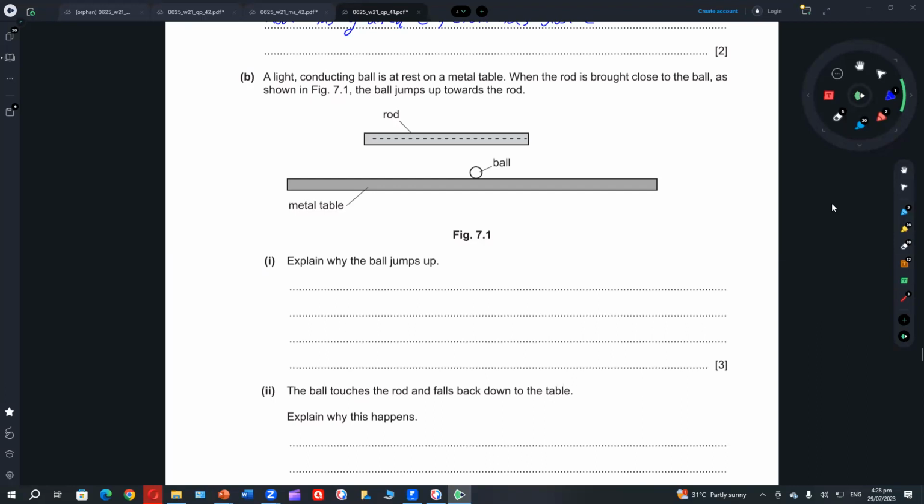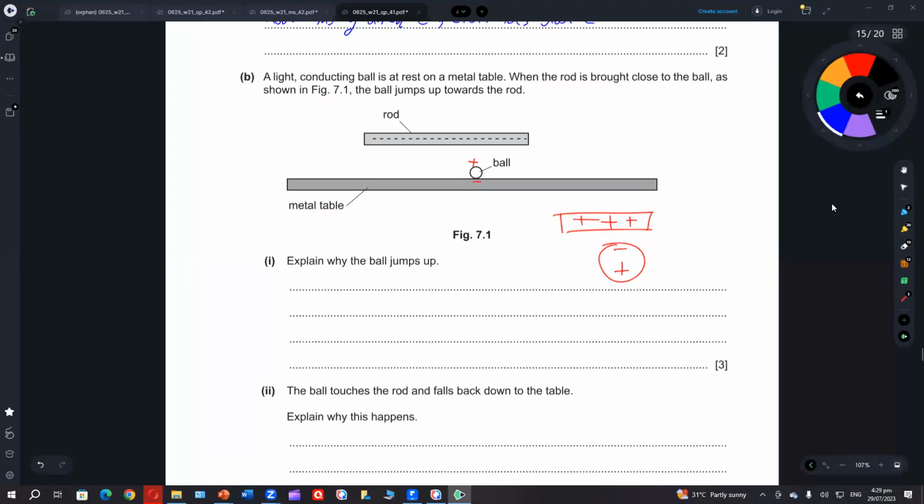The ball is neutral. When the rod is brought close to it, there will be induction, positive and negative, like this. Due to induction, if I draw the rod here in a bigger size, and I draw the ball, there will be a minus here and plus here.